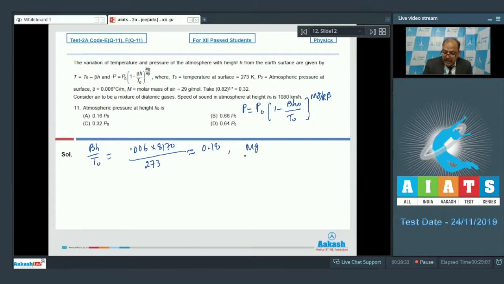So mg by R beta value comes out to, M is 29 into 10 to the power minus 3 SI units. Let's take value of g as 9.8 SI units. R is 8.31, and the value of beta is again 0.006.